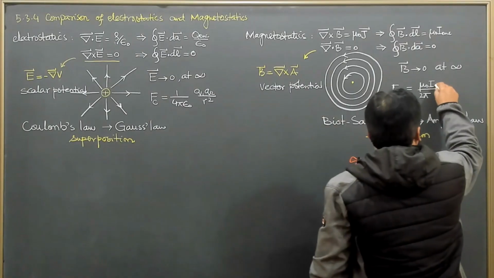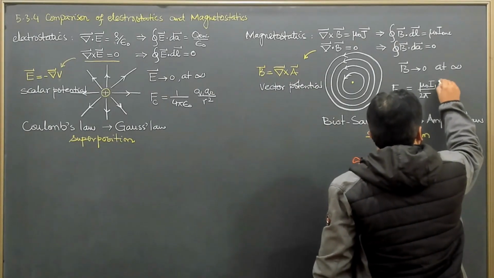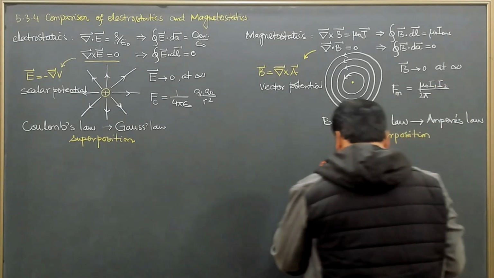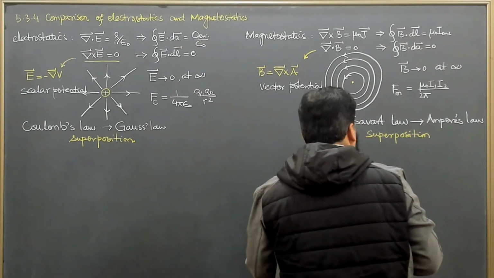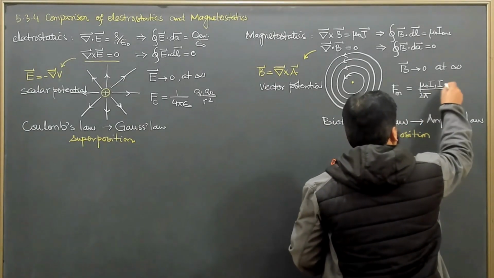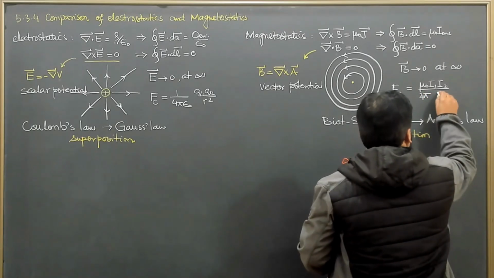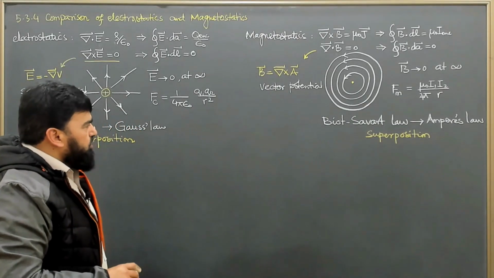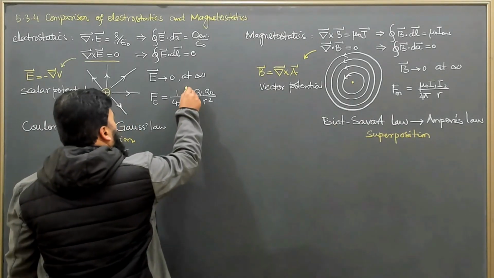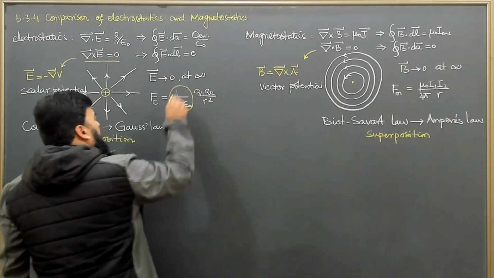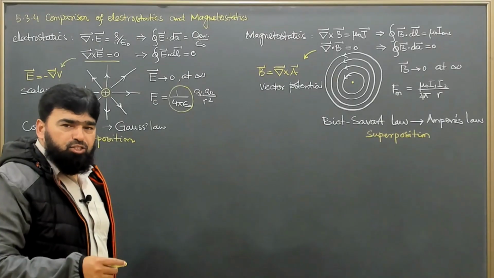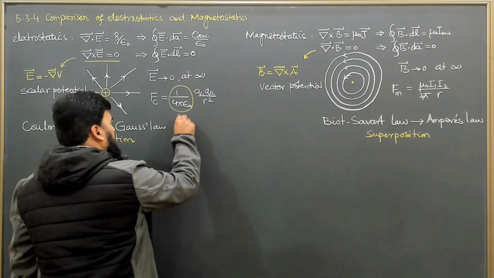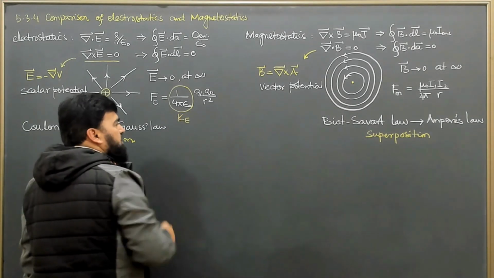and here it was mu naught I1 I2, as we have calculated earlier, over 2 pi r. We have mu naught I here and r here, 4 pi r. So this is a constant which deals with the electrostatic force, defining its magnitude, and we call it Ke, the constant.